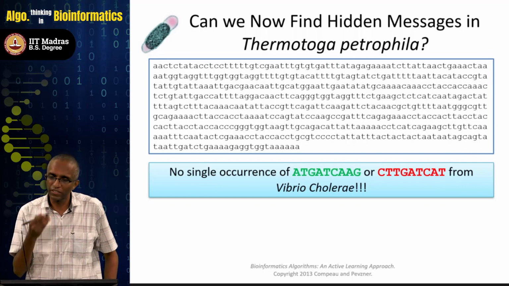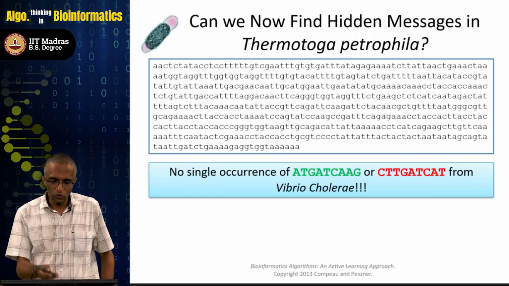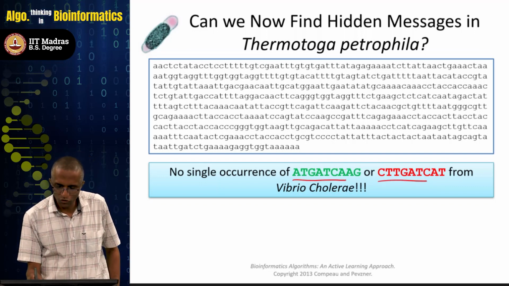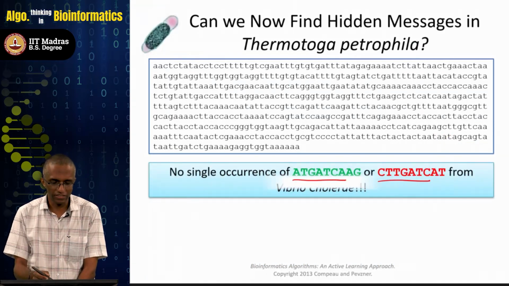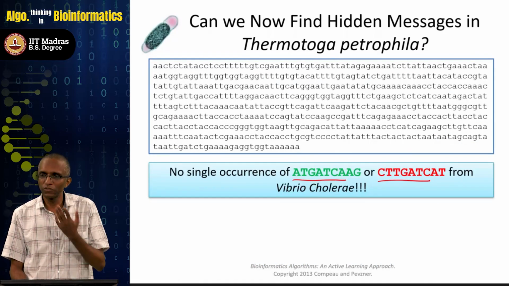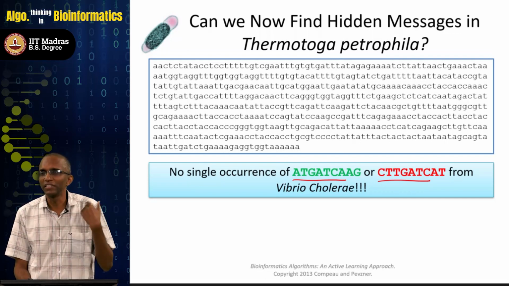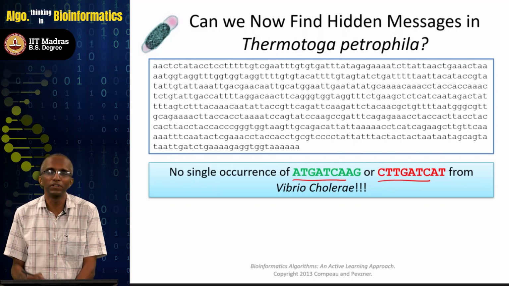So we have to apply the frequent words problem again here. No single occurrence of the two motifs that we found previously in the cholera bacteria occurs here, and that is not surprising to a biologist, though it may be surprising to a computer scientist. Biology is complicated, so the machinery may not use the same pattern or motif in different organisms.